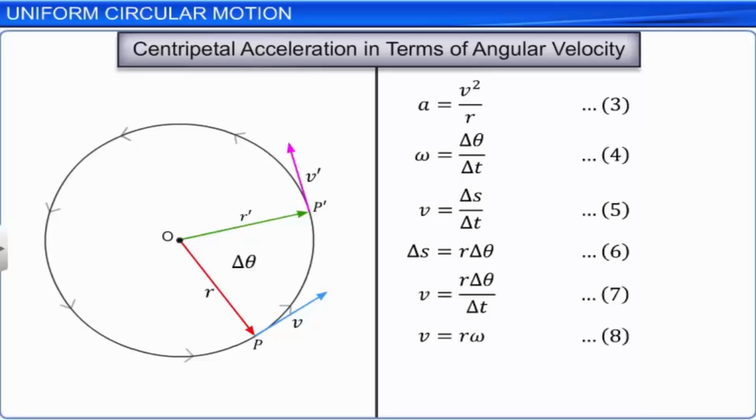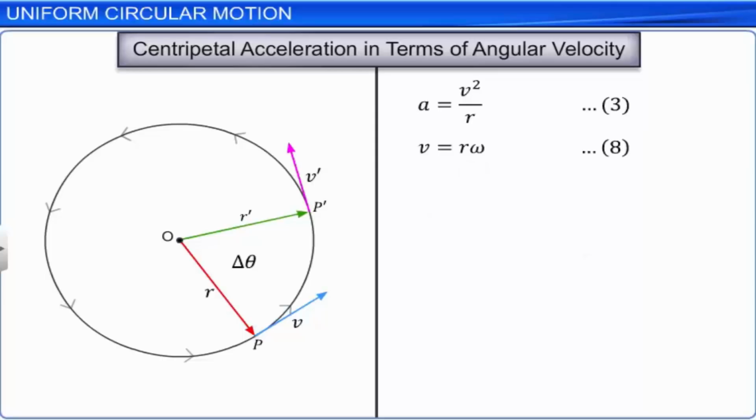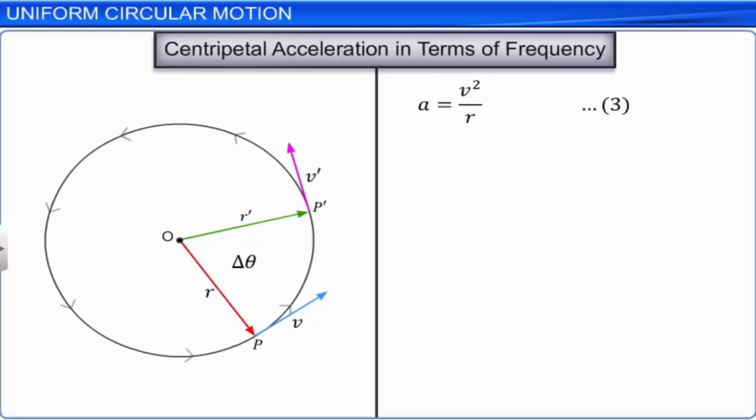Now let us find the centripetal acceleration in terms of frequency. Time taken to make one revolution, that is, time period is T. Frequency f is the number of revolutions in 1 second. Therefore, f is equal to 1 by T. Distance moved by the body in one revolution is equal to 2 pi r.